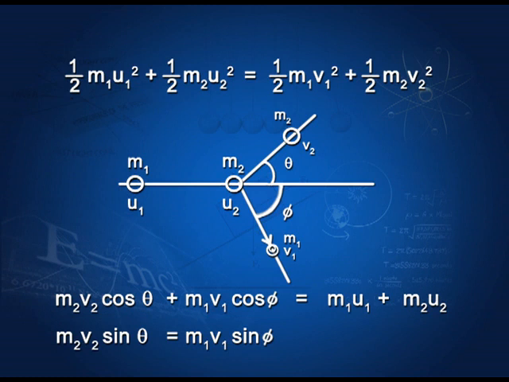These had no component in the vertical direction. So, these two equations here for the momentum and one here. Now, notice you have 4 variables v1, v2, theta and phi, and you have only 3 equations to deal with. Therefore, you must know at least one of them in order to find the others.